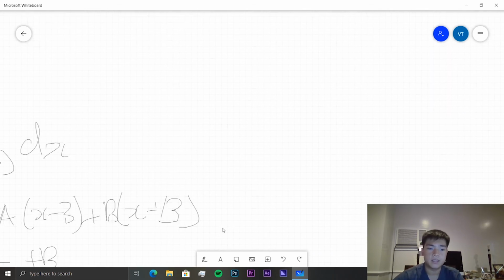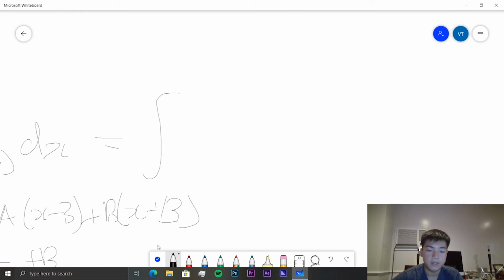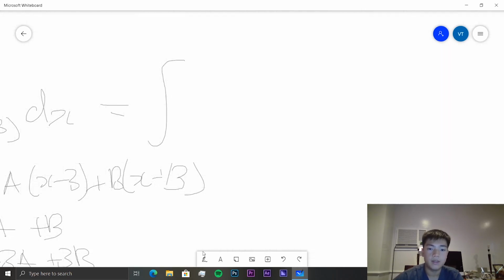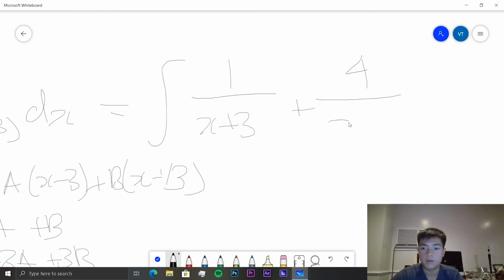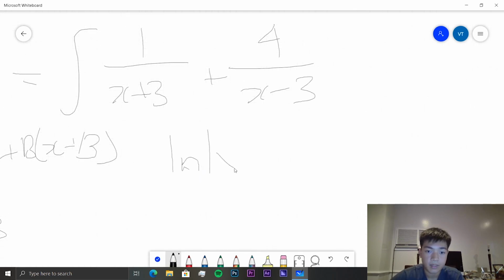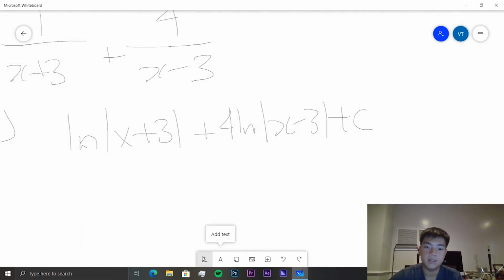So this is equal to the integral of 1 over (x + 3) plus 4 over (x − 3), which is equal to ln|x + 3| plus 4 ln|x − 3| plus c. So yeah, pretty good.